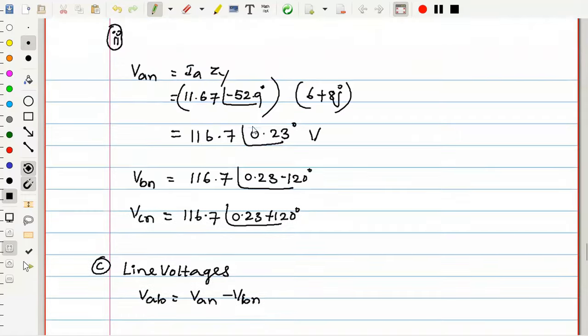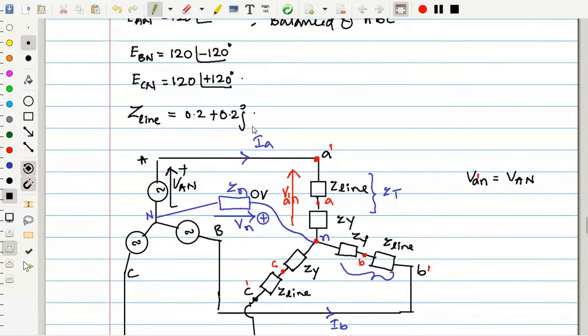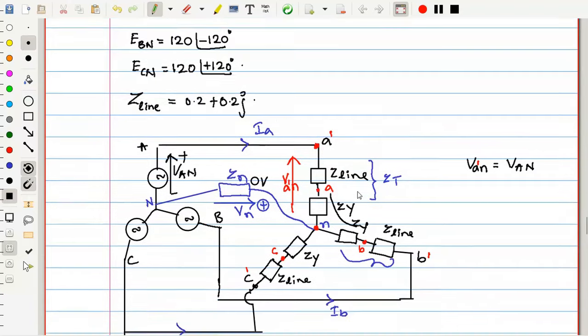You have to look at that diagram. The voltage from A to B is VAN plus VNB actually, or instead of minus you can consider it as VNB. VNB is equal to minus VBN. Are you getting it?